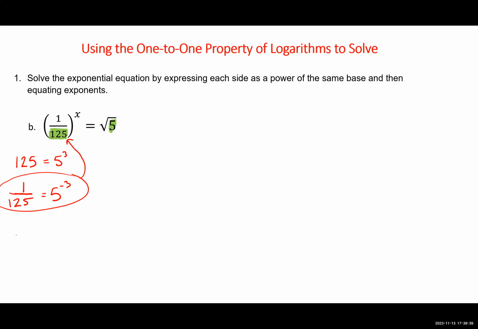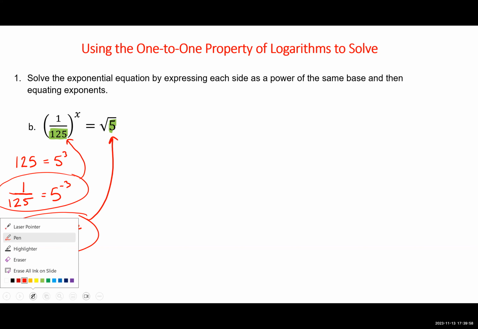And then on the right, the square root of 5. Well, another way of writing the square root is the 1/2 power. So the square root of 5 is the same as 5 to the 1/2 power. All right, so this we'll use on the right-hand side.